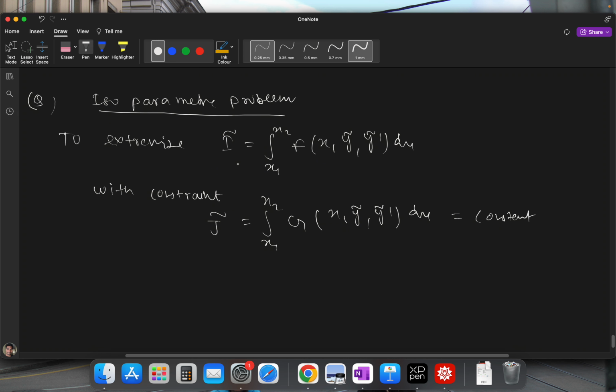Here I am representing tilde because I have already varied y as y plus epsilon eta.